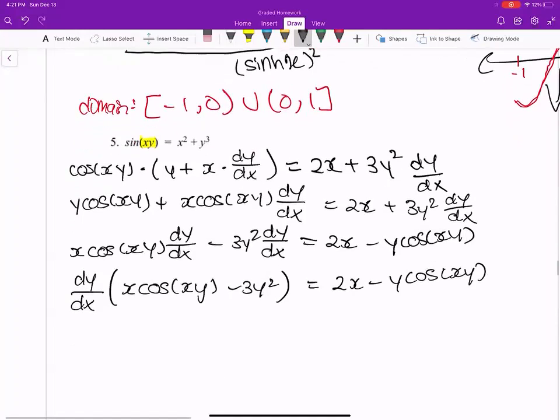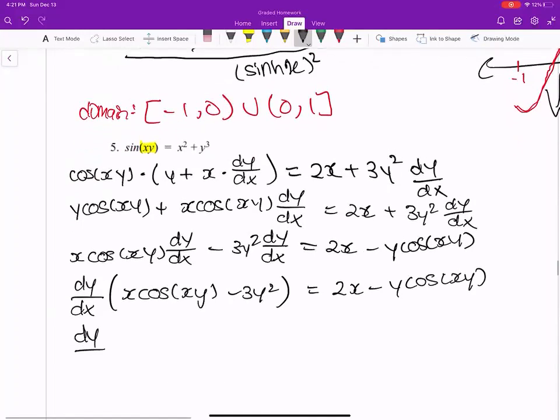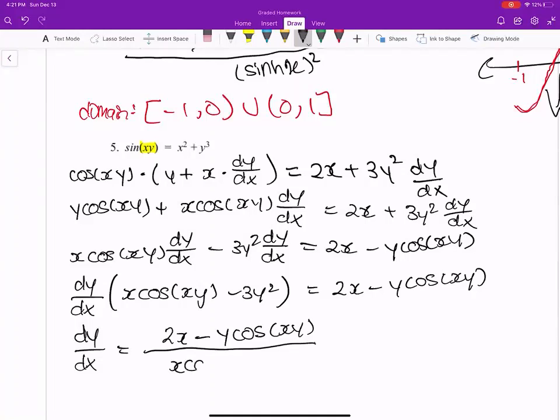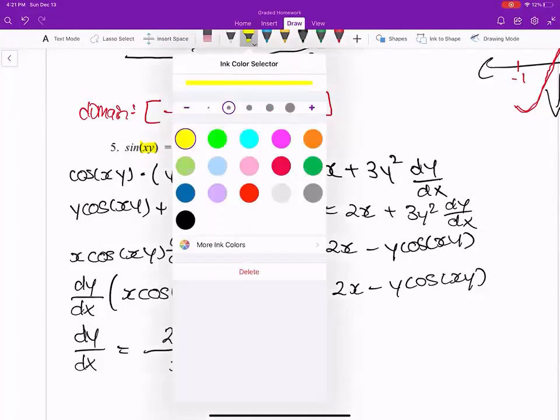So now we move it to the other side. So dy by dx is equal to 2x minus y cos xy all over x cos xy minus 3y squared. And that will be your final answer. So I'll just put that in green just so you guys remember.